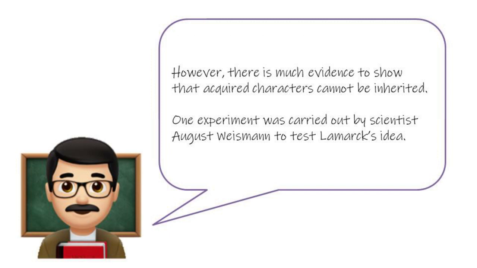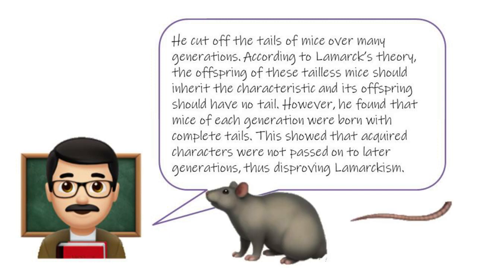However, there is much evidence to show that acquired characters cannot be inherited. One experiment was carried out by scientist August Weismann to test Lamarck's idea. He cut off the tails of mice over many generations.